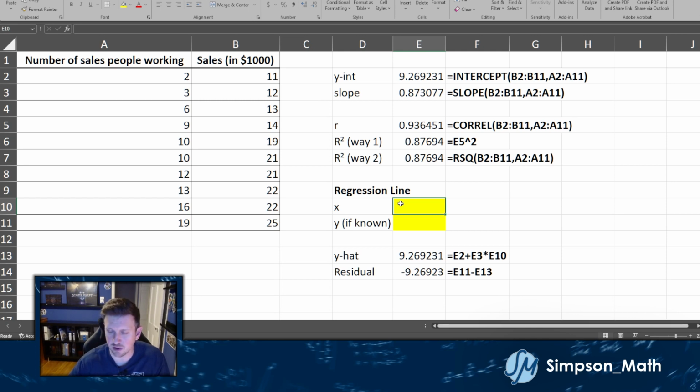So if I have this program in so that if I put in the 18 for the x, watch this, the y hat will update to the correct value, 24.985. But I want to multiply it by 1,000 to get the 24,000.